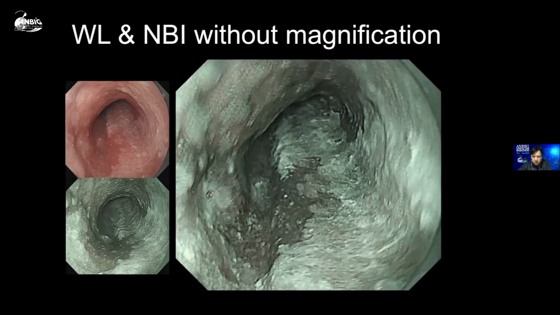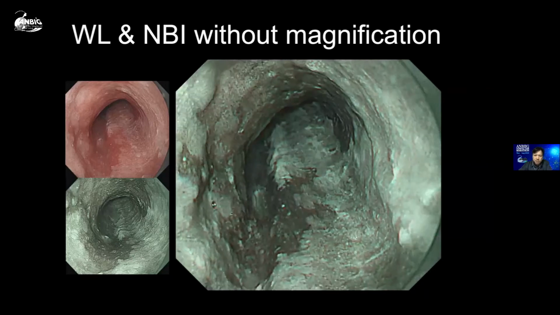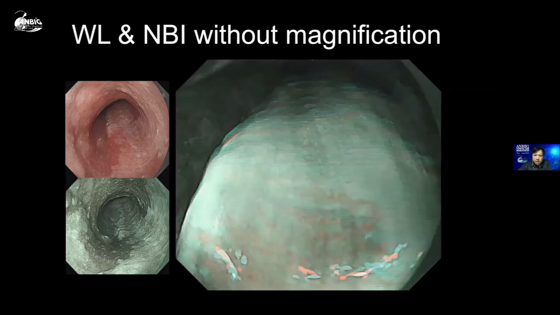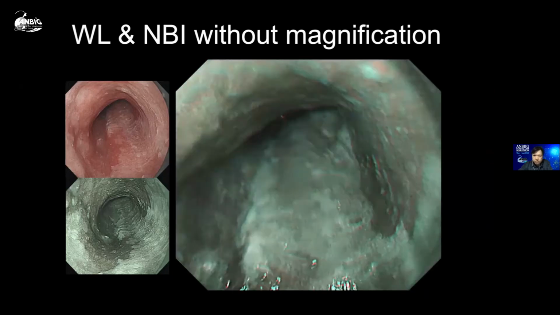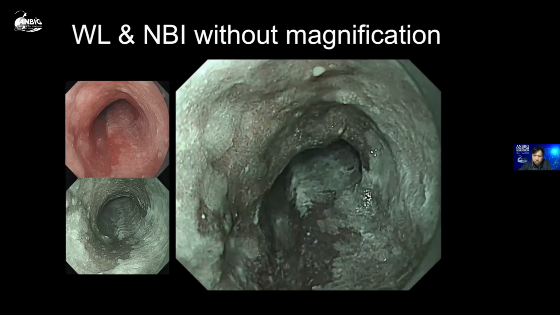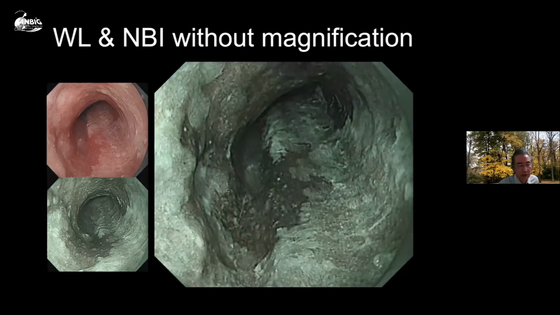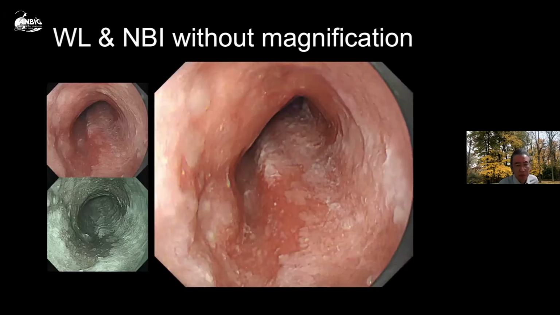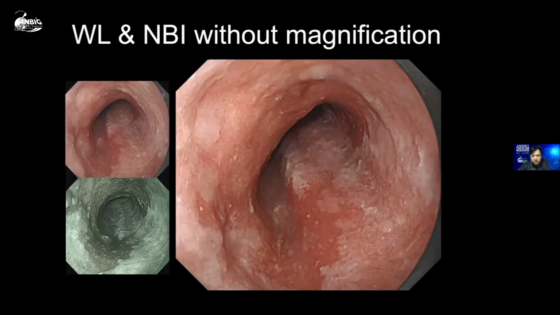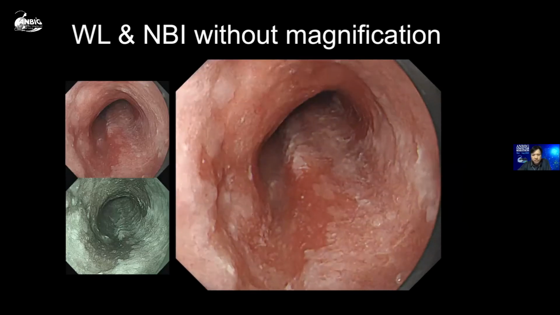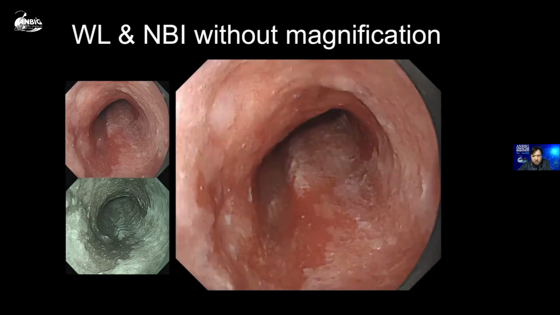After good insufflation, the lesion looks like a flat type lesion without obvious nodular change. The lesion occupies more than 3/4 of the circumference of the esophagus, so it's an extensive lesion.